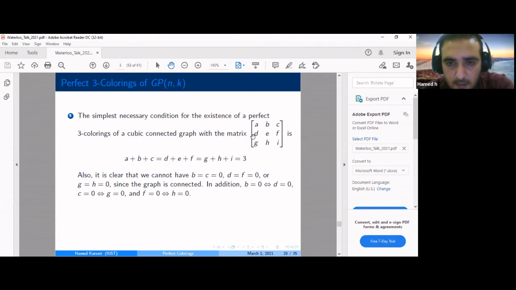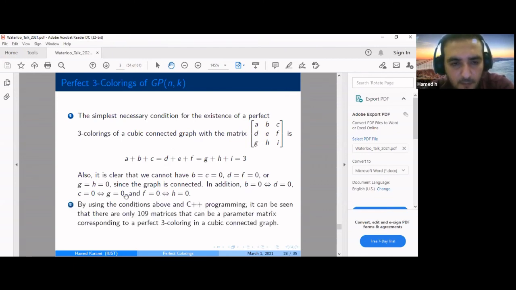It follows that D is equal to 0 too. And this one. By using the conditions above and C++ programming, it can be seen that there are only 109 matrices that can be a parameter matrix corresponding to a perfect three-coloring in a cubic connected graph.